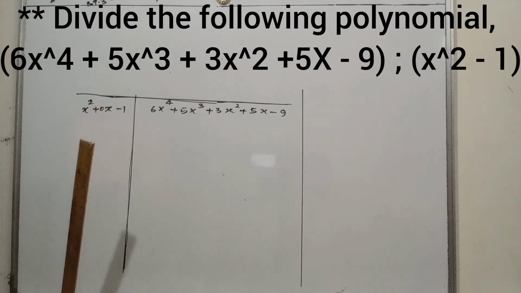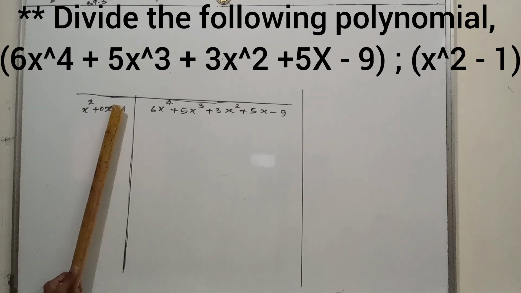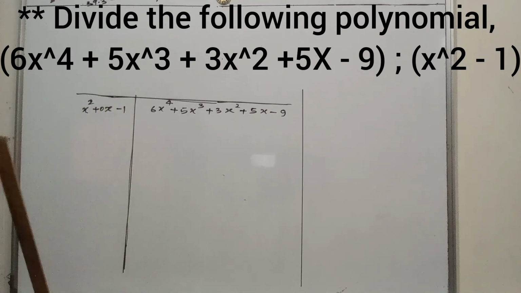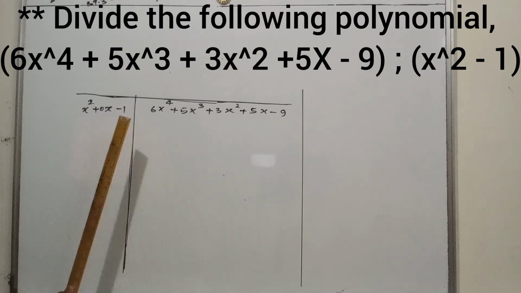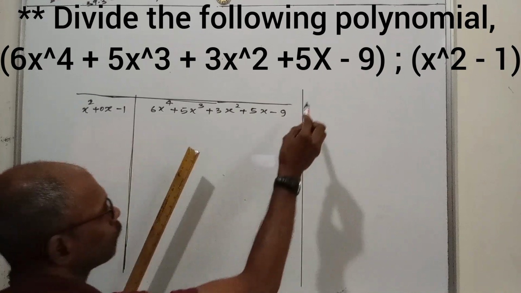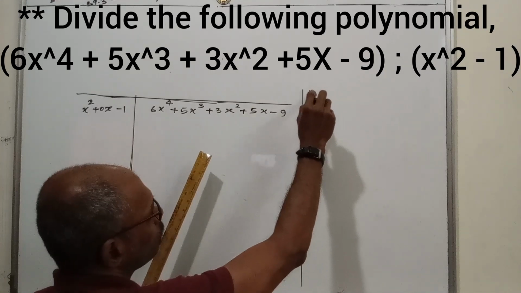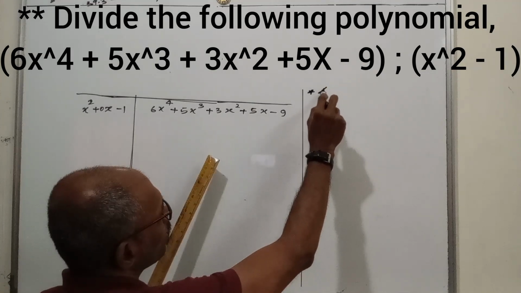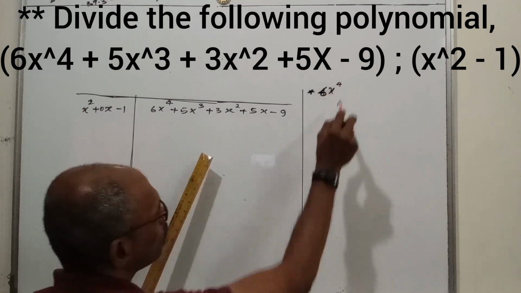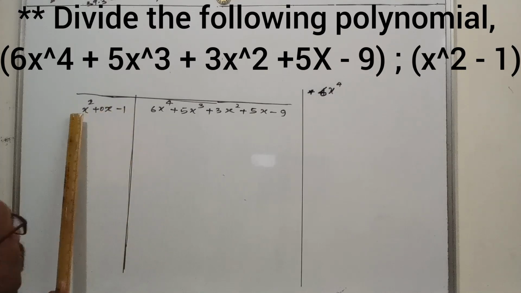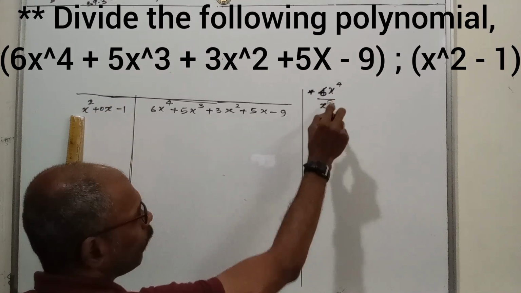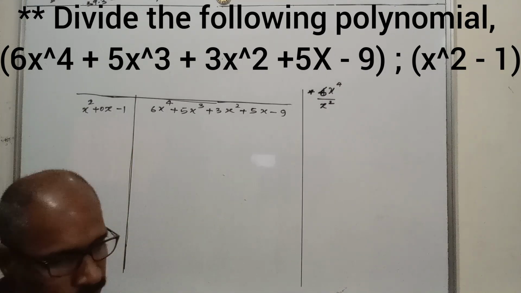x square, then we want here degree 1, plus 0x raised to 1, minus 1. Now we take the first term of our dividend, 6x raised to 4, and the first term of our divisor.